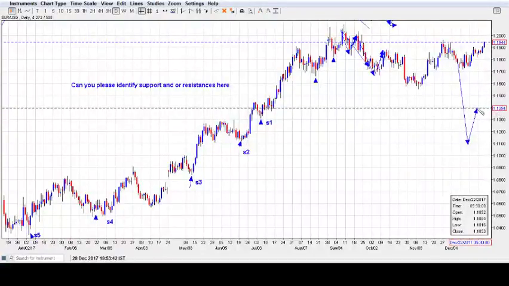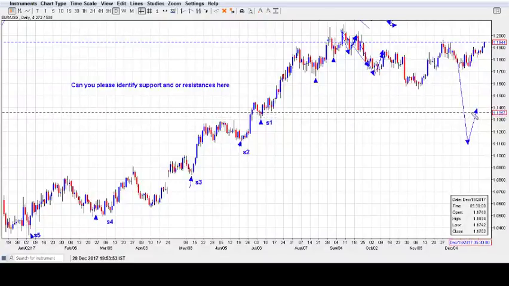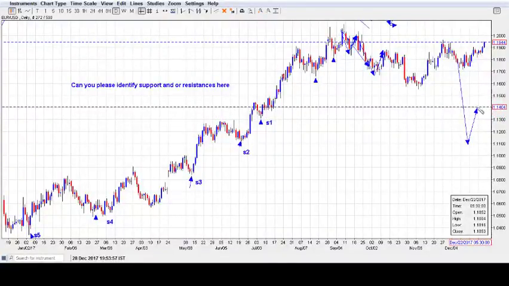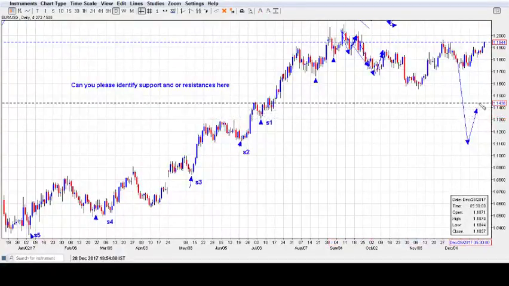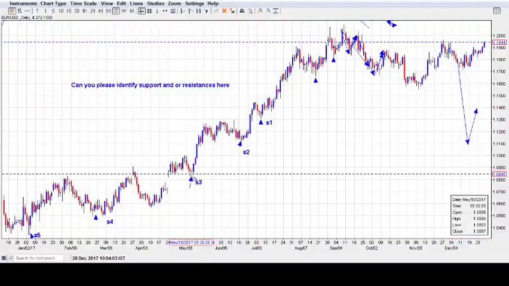There are ways to find out where this pullback is going to go and stop. I mean, that's one of the trickiest parts, right? And after the pullback, you know that you need to enter now. So when you enter, what would be your next logical target? S3, right, sir?